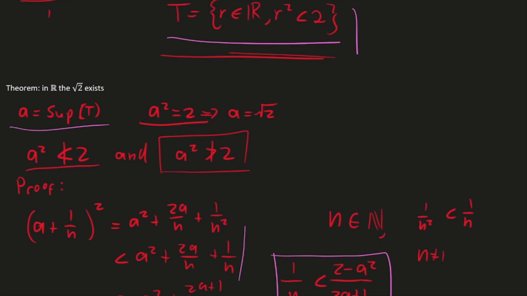And we went about it by showing that if that sup was less than 2, we had a contradiction, and if it was greater than 2, we had a contradiction. So the sup had to be equal to the square root of 2, and by the axiom of completeness, the square root of 2 has to be an element of the real numbers.